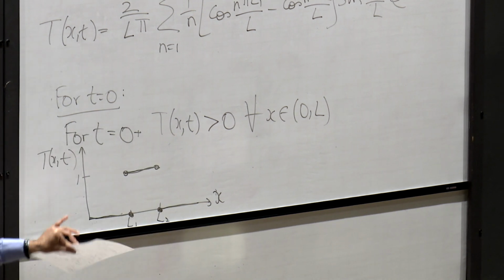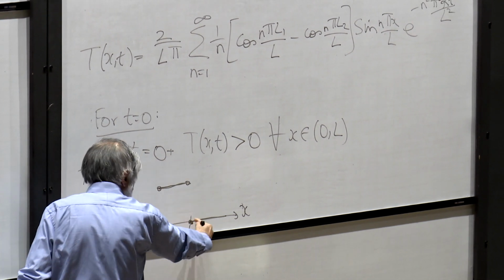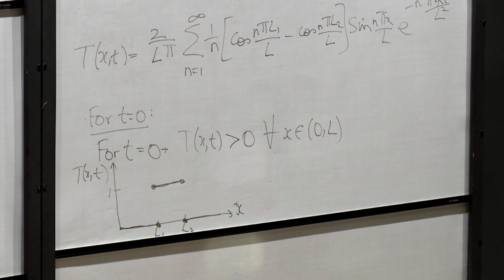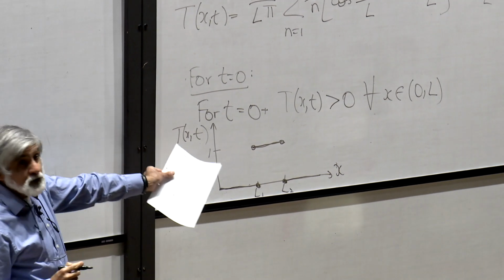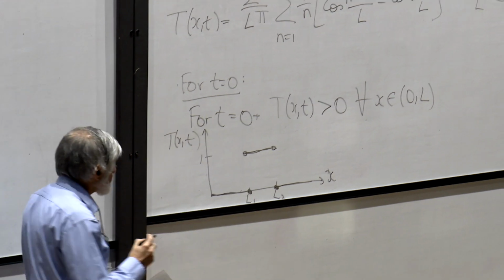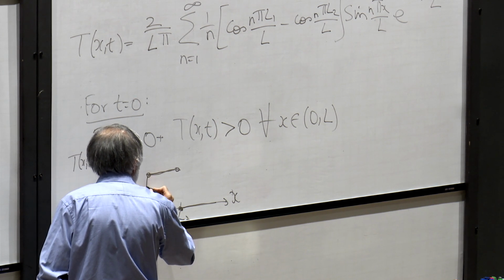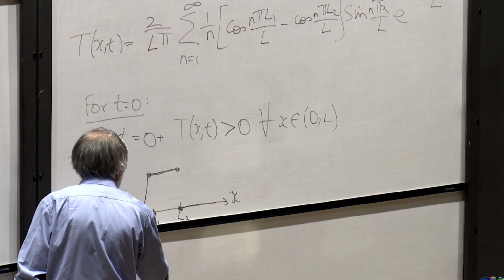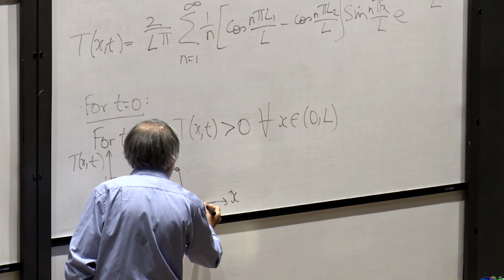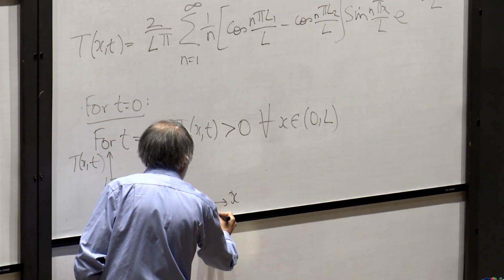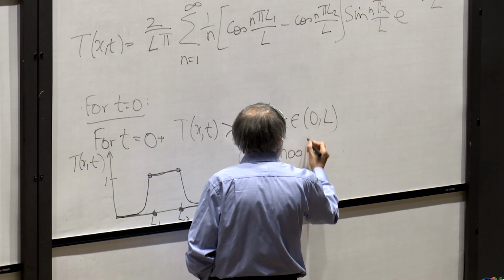Okay, so it was a discontinuous function to begin with, went to here, jumped up to here, jumped down to here. As soon as t becomes bigger than 0, 2 things happen. Firstly, this smoothens out. It becomes a smooth function. And the second thing that happens, so 1, it smooths out.